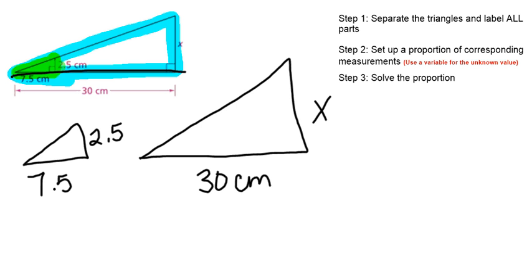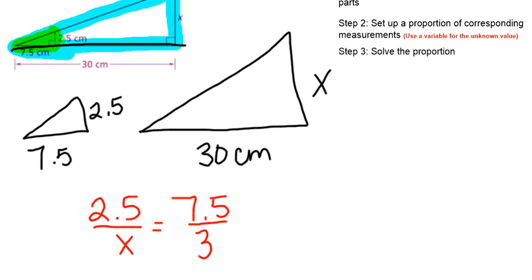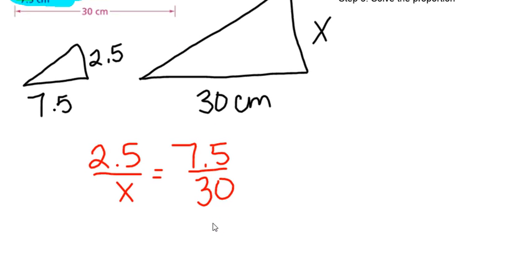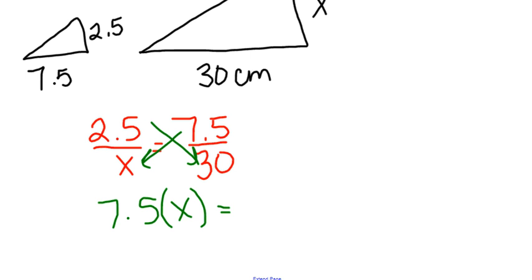Now that we've labeled our similar figures, it's easy from this point. Let's set up our corresponding parts. So 2.5 corresponds with x, and 7.5 corresponds with 30. Now all we have to do is our cross products, multiply, and then solve. So 7.5 times x equals 2.5 times 30.